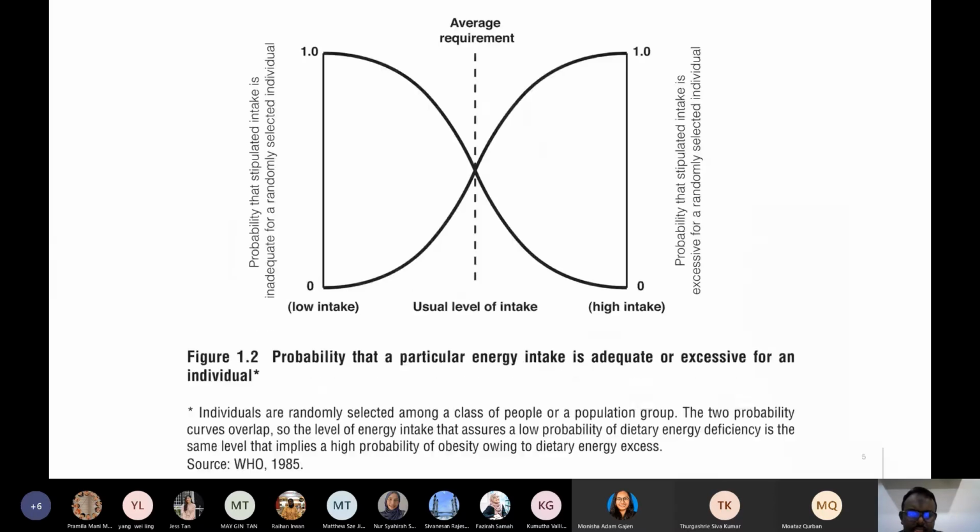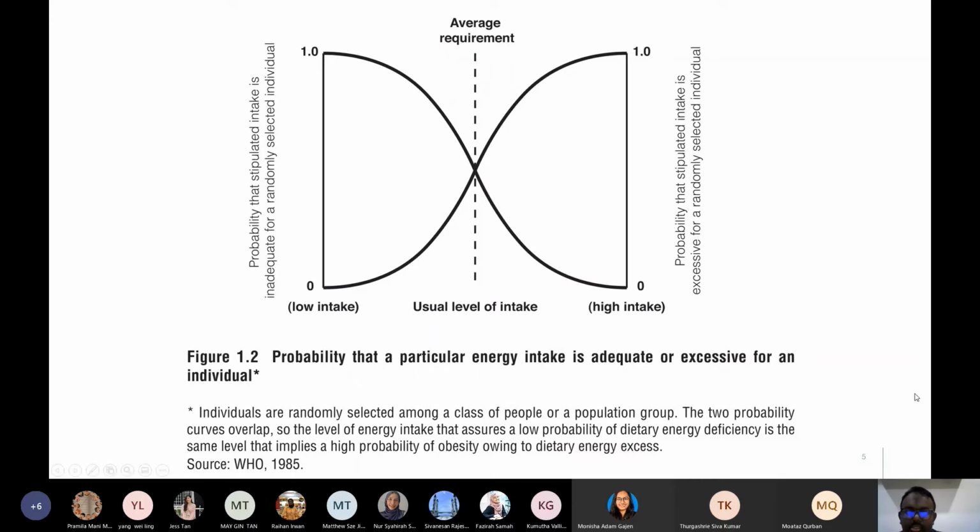So this graph shows the probability that a particular energy intake is adequate or excessive for an individual. When we say individuals in this discussion, they are randomly selected among a class of people or a population group. So this is not everyone, but they are randomly selected.